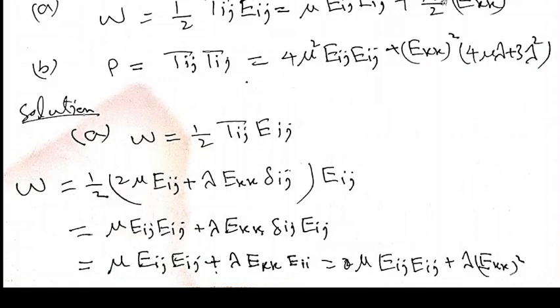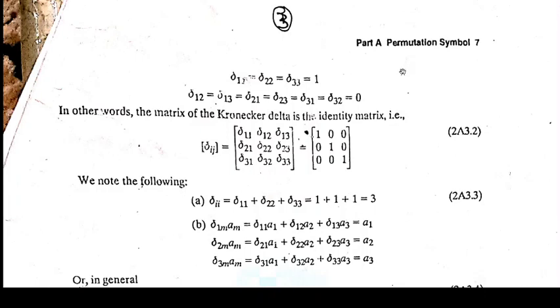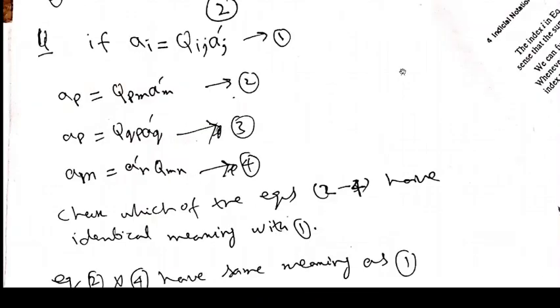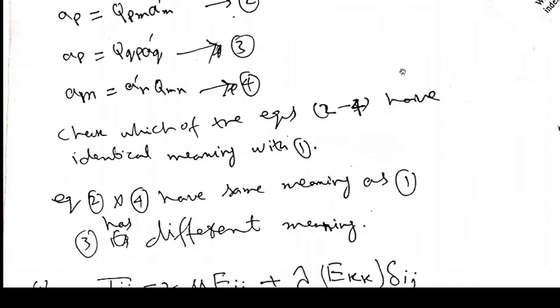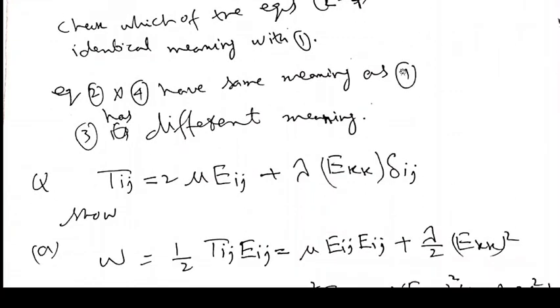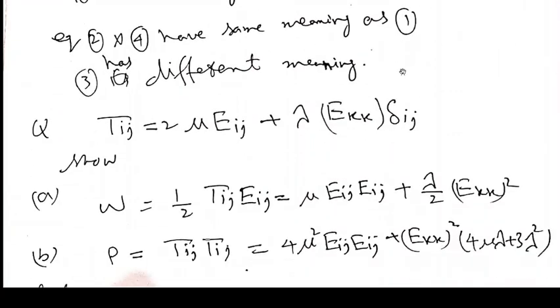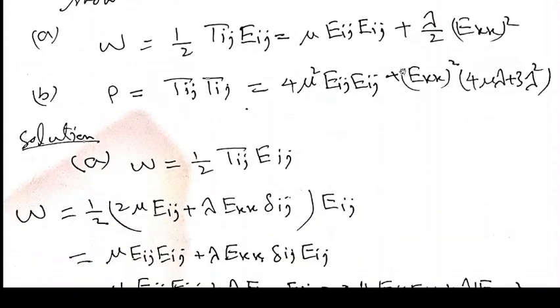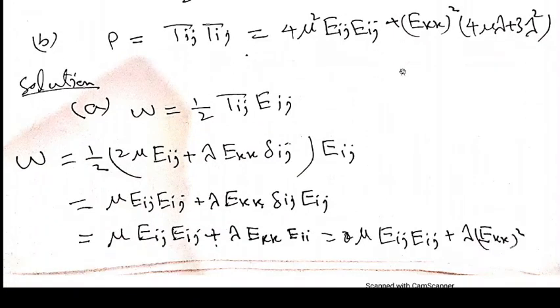Now let's see how we get the second term. Here we will use the result which we studied in lecture number 2 or 3, I think: results of Kronecker delta.